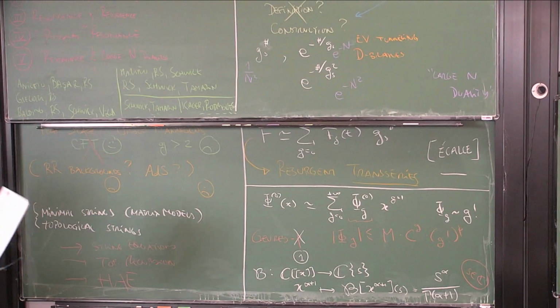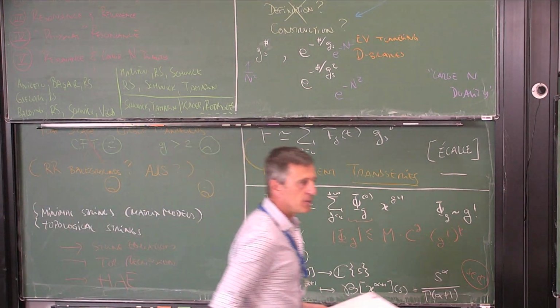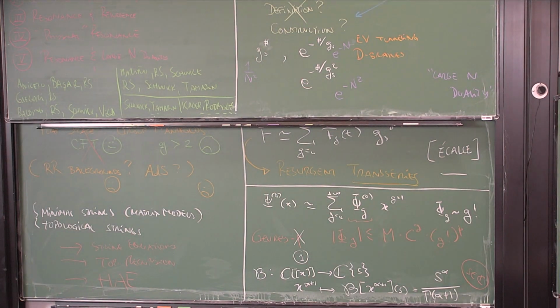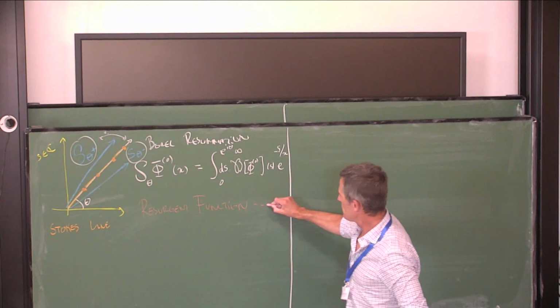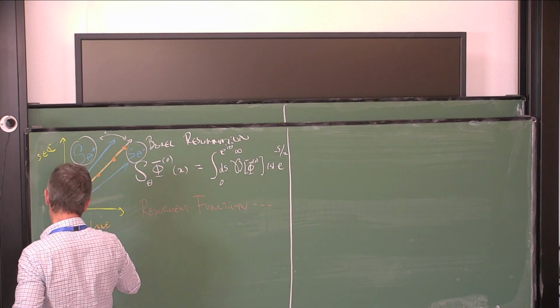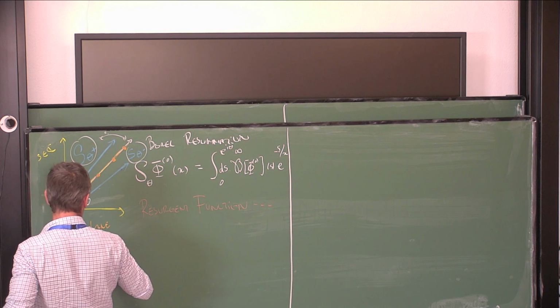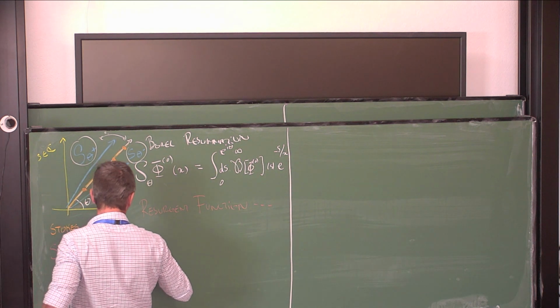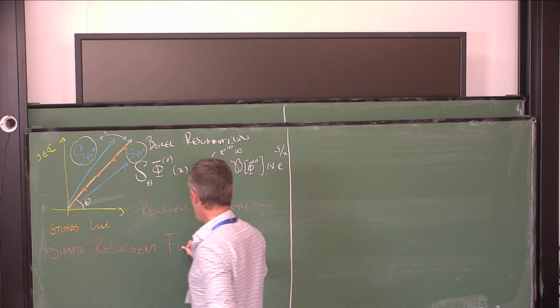So I basically avoid an eventually countable amount of singularities, but I can just always wiggle around and do analytic continuation everywhere. Let's not worry about such a generic definition. Let's focus on something slightly more mundane, which is a simple resurgent function.